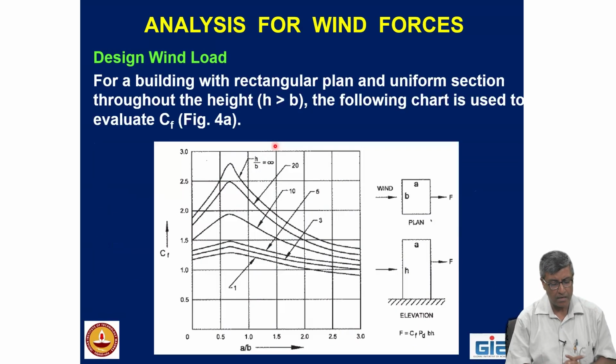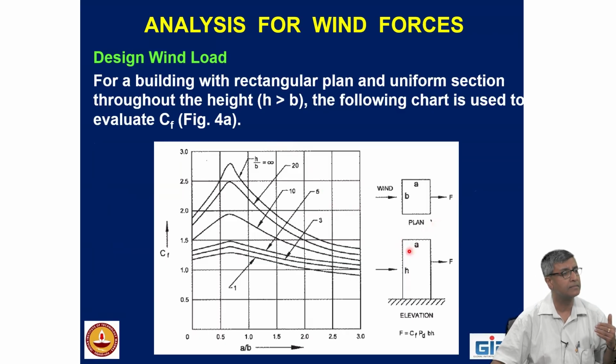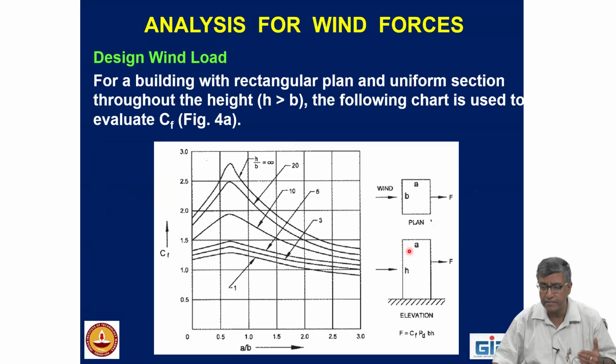Now, this is a chart which gives the value of CF. I have just picked up only one chart from the code, which is for the simplest case, a rectangular block type of building. And as Professor Liberato was saying, there are the suction effects, the turbulence effects, and based on these the CF coefficient is determined. What are the parameters? One is h by b.